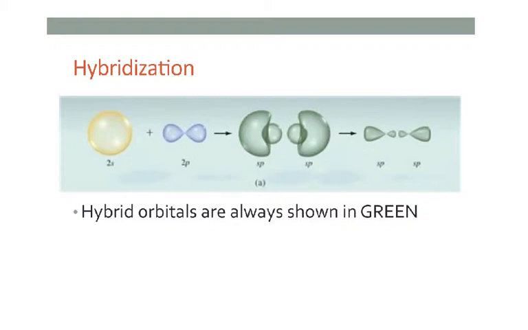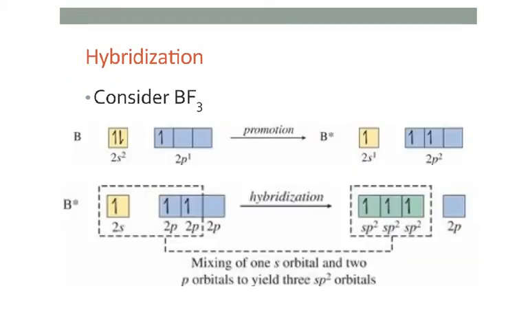And so since hybridized orbitals are a mixture of s and p, you can see that the coloring would be green. So anytime you see green orbitals, whether it's in a textbook or on a worksheet, know that they're looking at hybridized orbitals. The first example may have made little to no sense at all. Totally understandable. By the end of this video, hopefully you're going to understand because we will have seen so many examples. So let's look at another example.